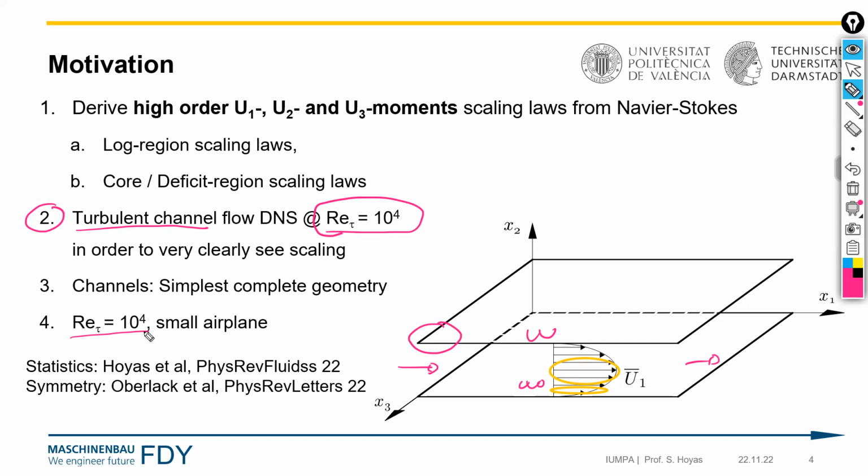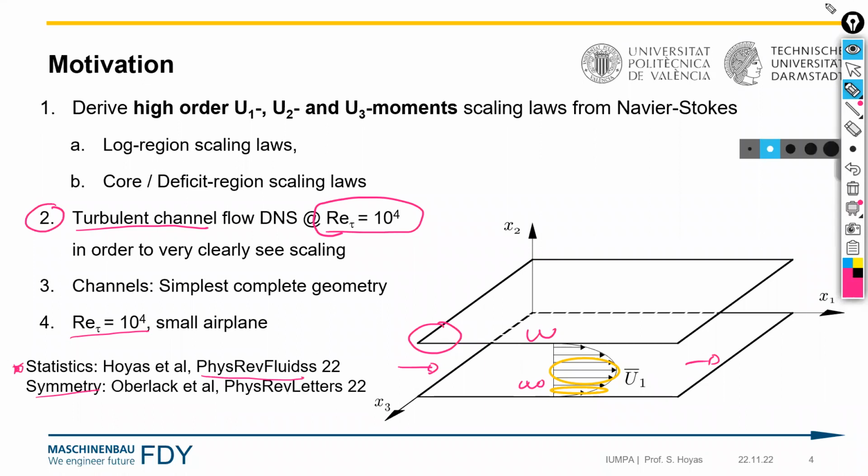For a very large jet, we are talking about 10 to the 5 or many 10 to the 5s. We have been running this kind of thing for several years in SuperMUC, and we have published one paper about the fluid mechanics results in Physical Review Fluids, and another paper about the symmetry theory in Physical Review Letters.